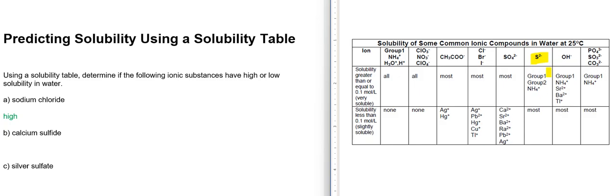In the sulfide category, we've got group 1, group 2, and ammonium, and then everything else. So in our case, calcium falls into group 2. Again, we see that we're in this solubility greater than. So we would expect calcium sulfide to have high solubility.